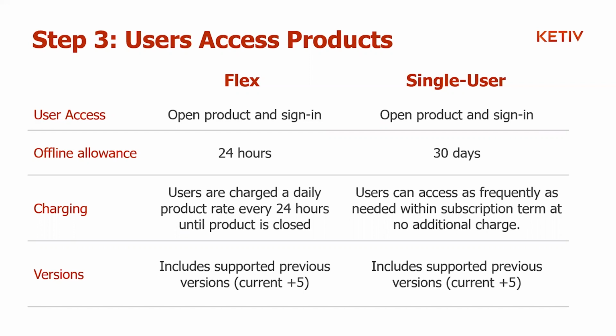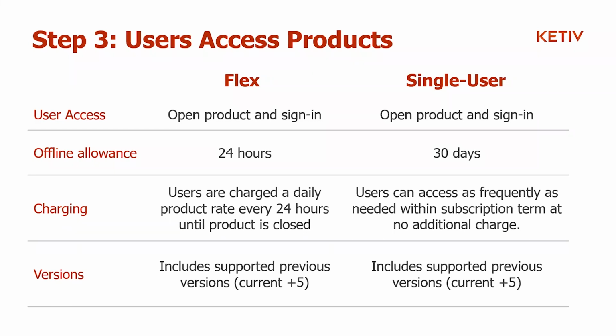Does Flex need to be connected to the internet? Yes, because it needs to stay on that 24-hour cycle so it can be tracked. So offline allowance is 24 hours with Flex, as in the Flex user would need to stay connected to or have internet access at least once every 24 hours so that their license can be validated, the token consumption can be validated.